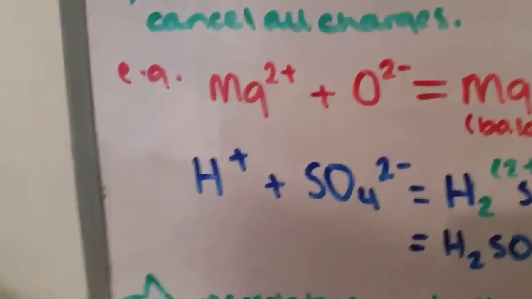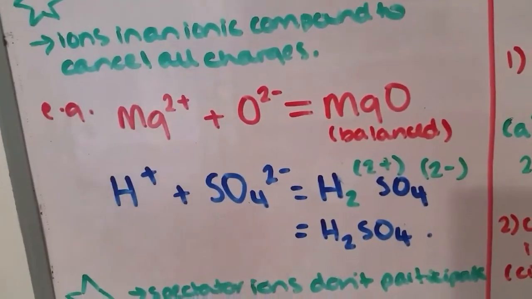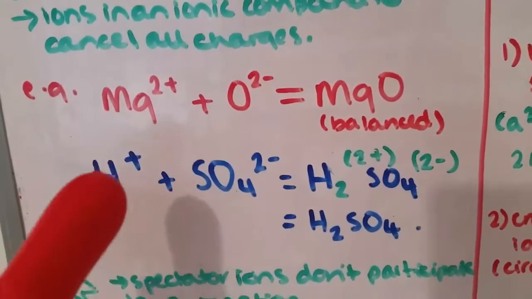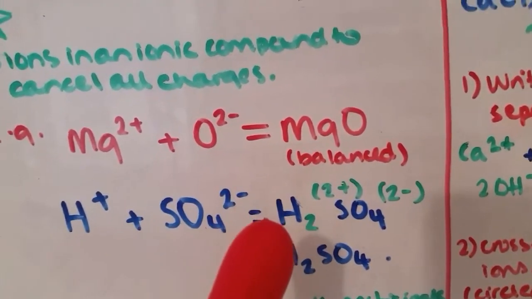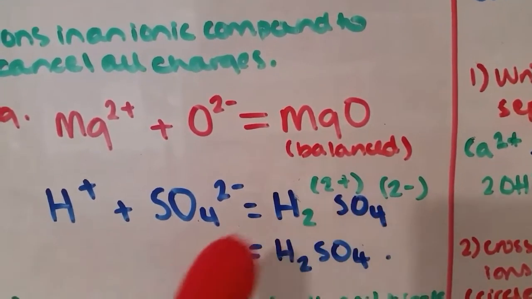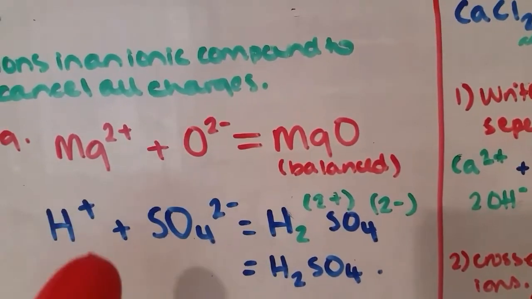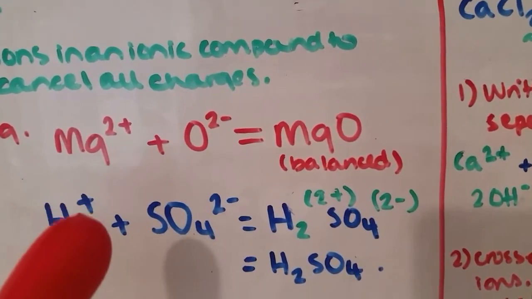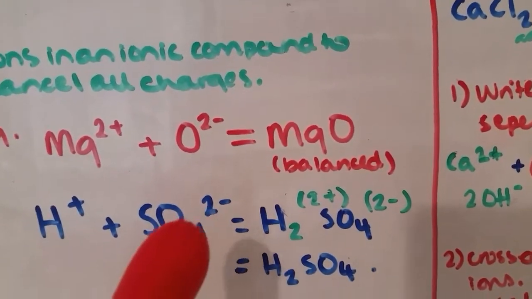The next example, we have H plus and SO4 2-. Now, as you can see, when we form this compound, the 2- charge and the plus charge aren't equally opposite. Here we have a 1+, but here we have a 2-.